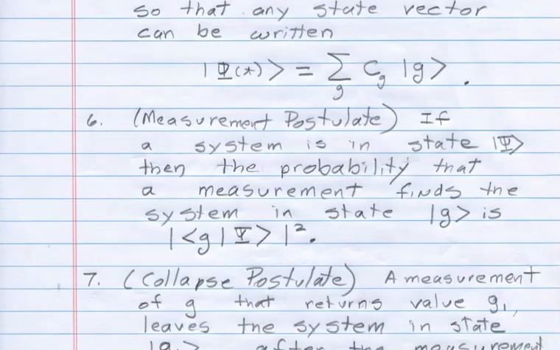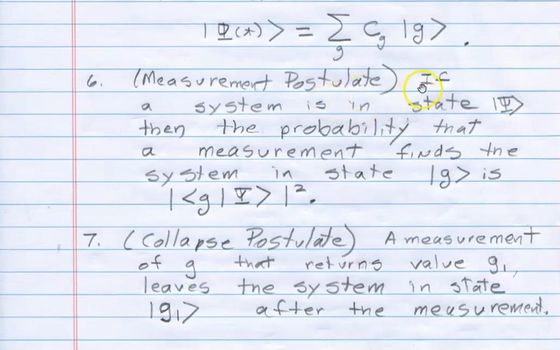The measurement postulate is extended a little bit here. If a system is in the state with this state vector ket, then the probability that a measurement finds the system in the state g, one of these eigenstates in this case, or really this could be any state, is just the inner product of g with that state psi, and then you take the absolute square of it.